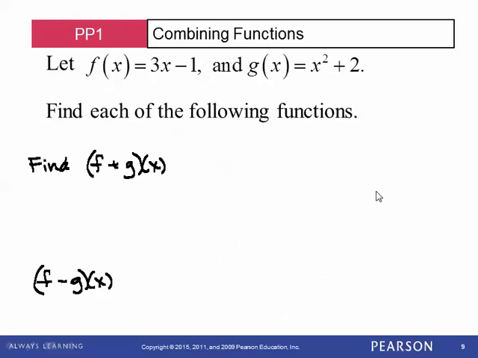Alright, so let you guys try one here. F of x is 3x minus 1. G of x is x squared plus 2. Can you add the two functions together? Can you subtract the two functions? Give you guys a minute. Try it yourself.